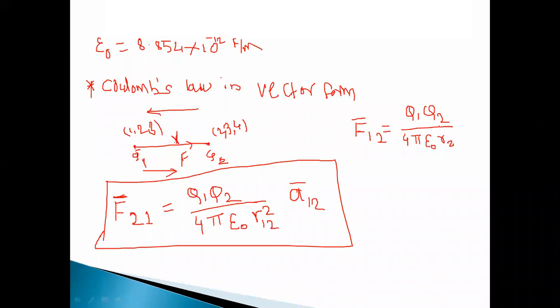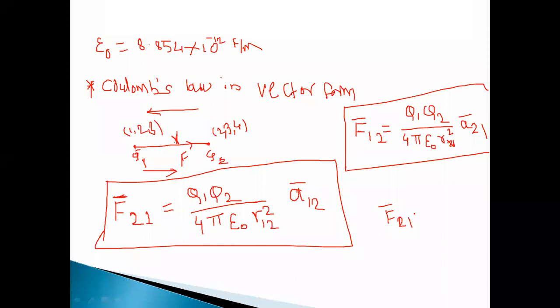R21 square into A bar 21. So every time you have to calculate this. Now, from these two equations, we can write that F bar 21 is equal to minus F bar 12.